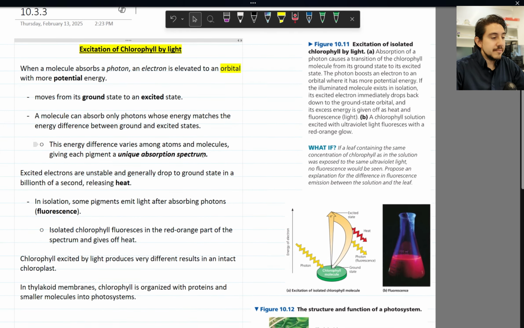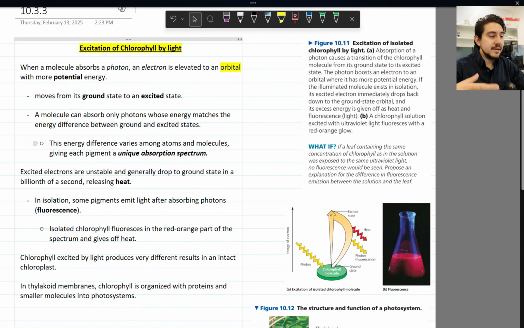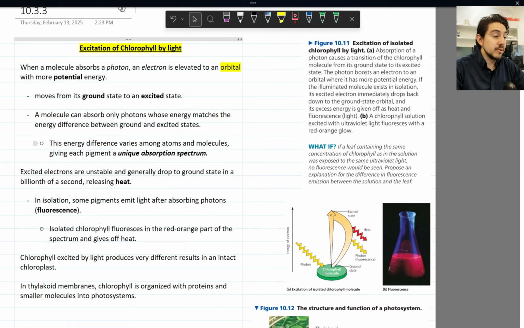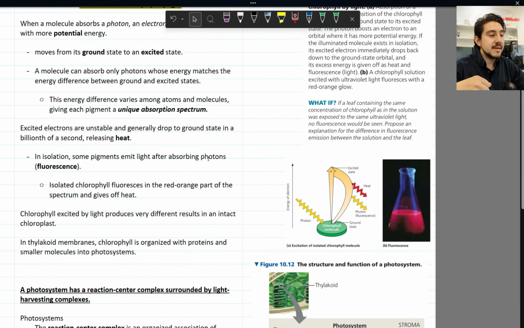Electrons absorb energy and can move to a different orbital. A molecule can absorb only photons whose energy matches the energy difference between the ground and excited states.